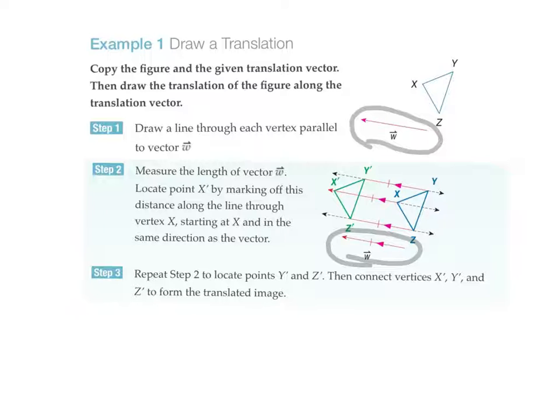Every one of your lines needs to be parallel to and congruent to it. So all three points must go in the same direction and parallel to it. Once you've got the distance from Z to Z dash and Y to Y dash and X to X dash, once you've got your 3 points plotted, join it up and you've got your translated triangle.